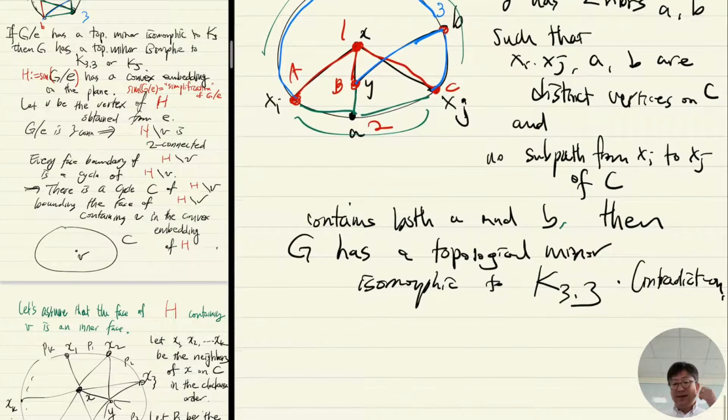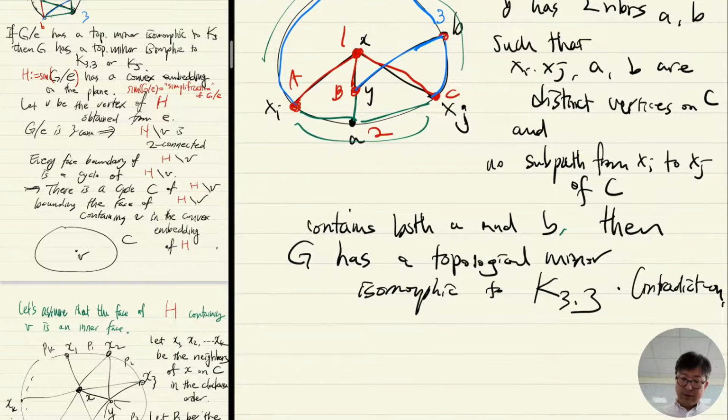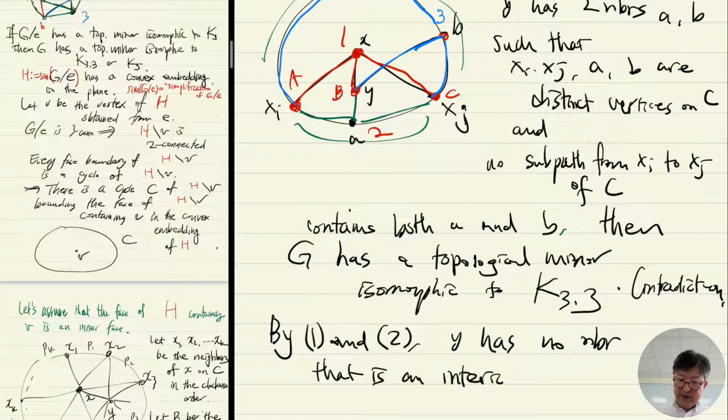So that means you can never have two neighbors of y, one of which is an internal vertex. By the first assumption, not all neighbors of y are in Pi. By the second assumption, if you have one internal neighbor, then by 1 and 2, y has no neighbor that is an interior vertex of Pi, right?